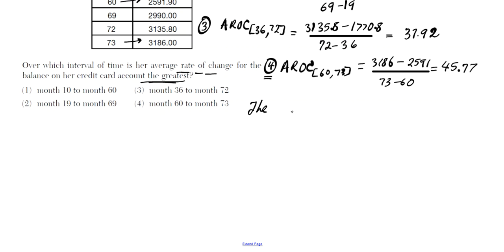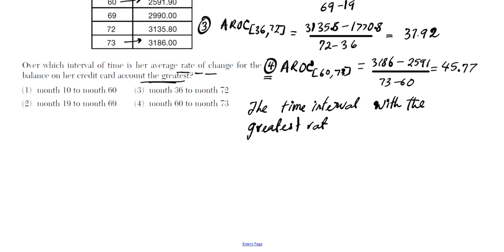The time interval with the greatest average rate of change is from 60 to 73. The answer for number 21 is option number 4.